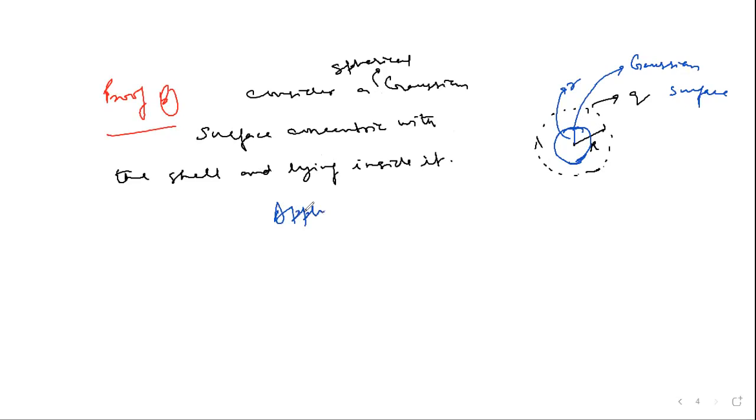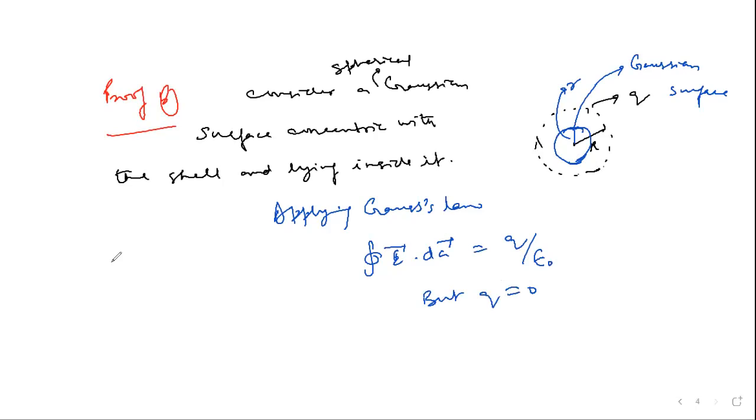Applying Gauss's law, closed integral E dot dA is equal to Q by epsilon naught. There is no net charge inside the Gaussian surface, right? So Q is 0.